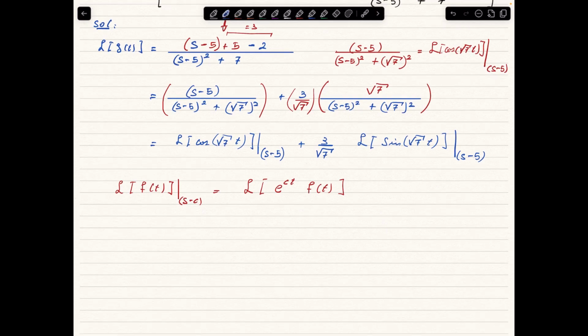So in our case, we need to use this identity twice. Once here, the other there.